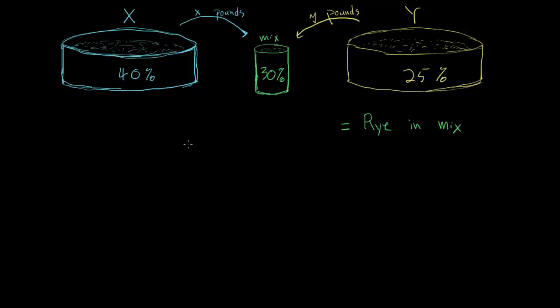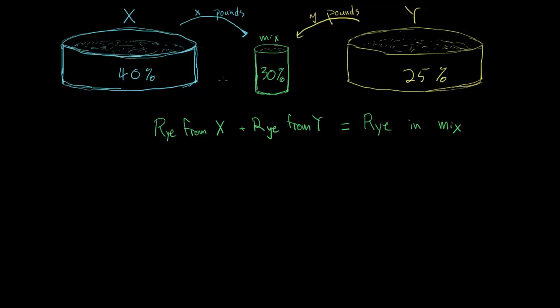So, to continue this equation template, the rye that is in here came from two places, right? Some of these x pounds were ryegrass, and some of this stuff was from Y. So we get the rye in the mixture from the rye from vat X and the rye from vat Y. And that gives us all the rye in the mixture.